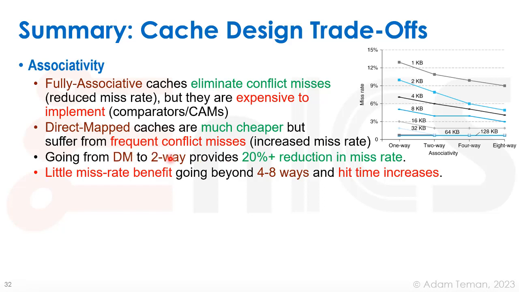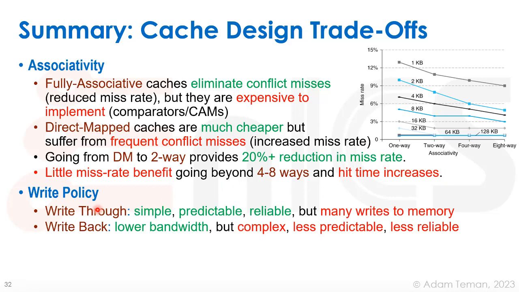So that's a really important thing to do. You should probably try to use 2-way or something like that. But when we go beyond 4 to 8 ways, we don't gain that much in reduced miss rate, and the hit time increases, so you wouldn't usually expect to see more than 4 to 8 ways. We'll see later in the lecture that that's not actually true for other reasons.